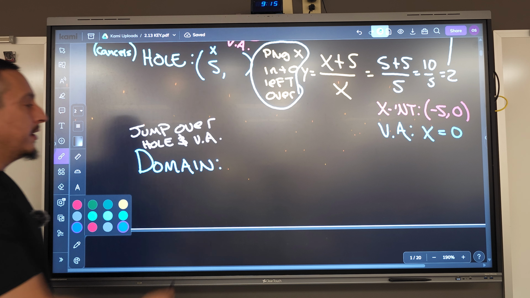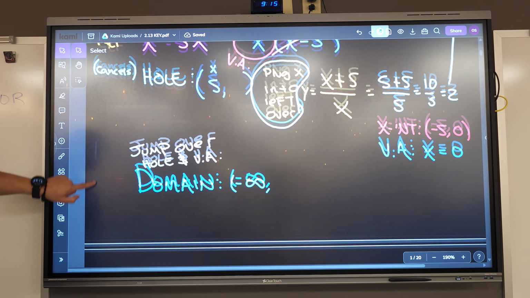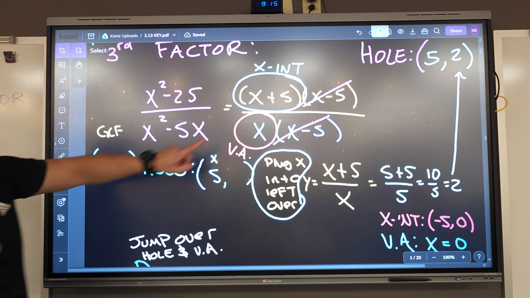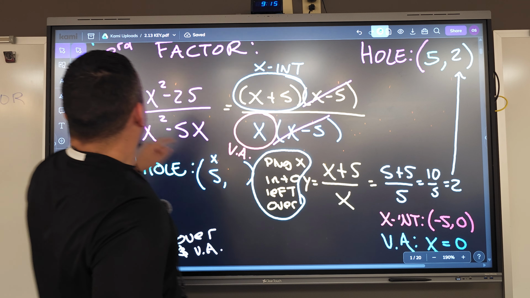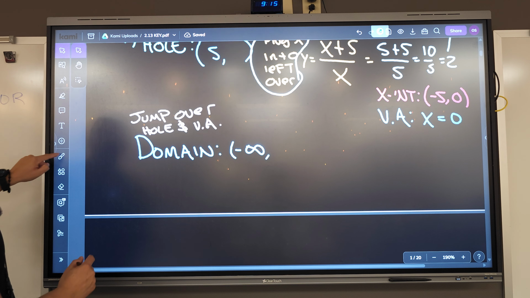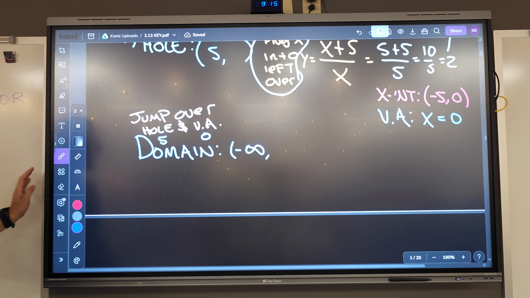So I go from -infinity. My hole is at 5 on the x. Domain is the x. So the hole is jumping over 5, and the VA is jumping over 0. Does that make sense? If I'm going from left to right, which one comes first, the 0 or the 5?